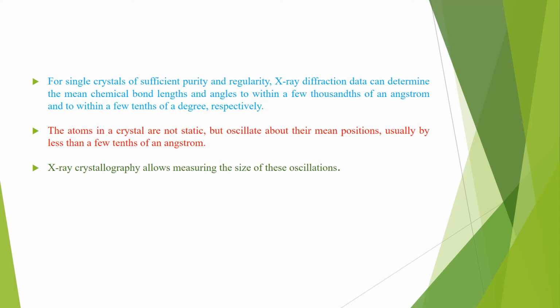And these chemical bond lengths are between the atoms. That is, the distance between the atoms can be measured by X-ray diffraction data. And also the angles between the atoms and the planes of the crystal lattice can be measured by X-ray diffraction techniques.